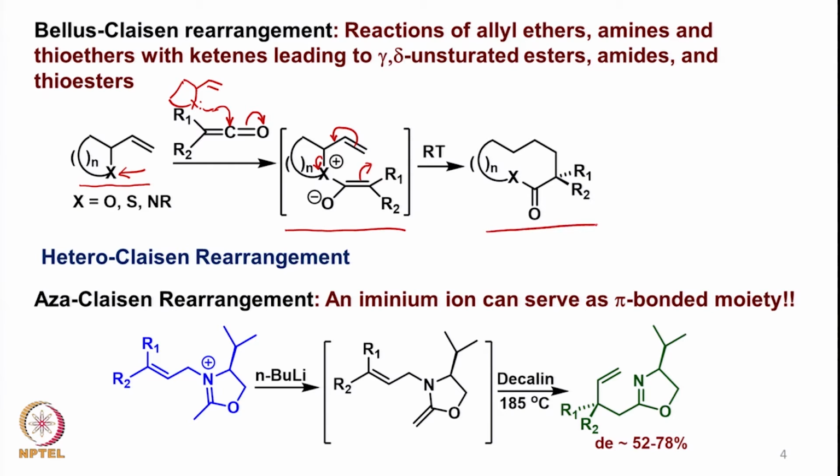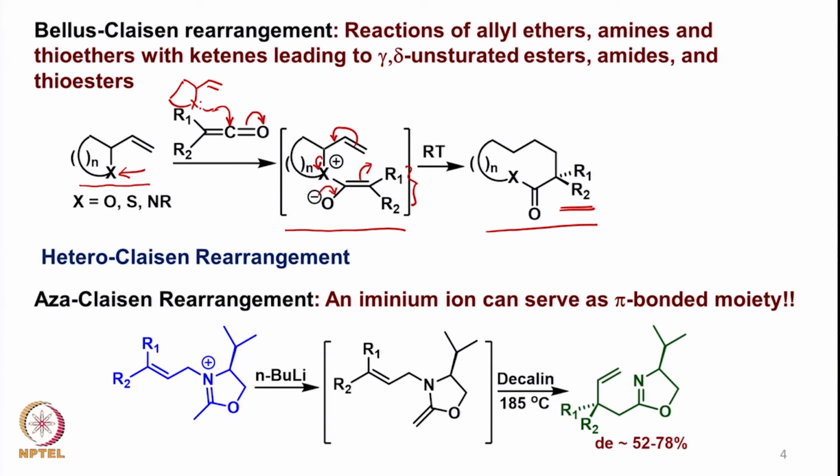It is obvious that the geometry of this group here would affect the stereochemistry of the asymmetric center that is being created. But interestingly, this reaction occurs at room temperature, because there is a very strong driving force for the double bond to move, because there is a negative charge here.